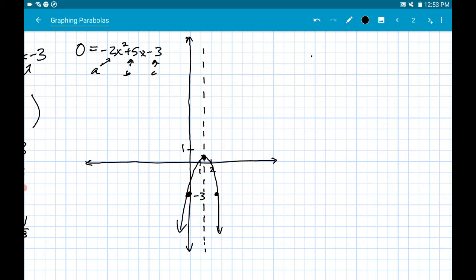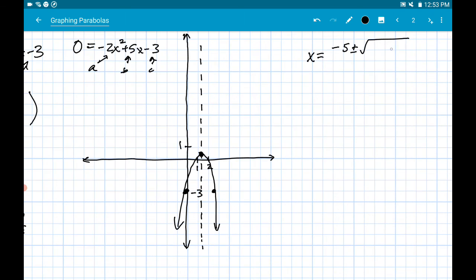And so here we go, quadratic formula, x equals, again, what x? The x-intercepts. Negative b plus or minus the square root of b squared minus 4 times a times c, divided by 2a.